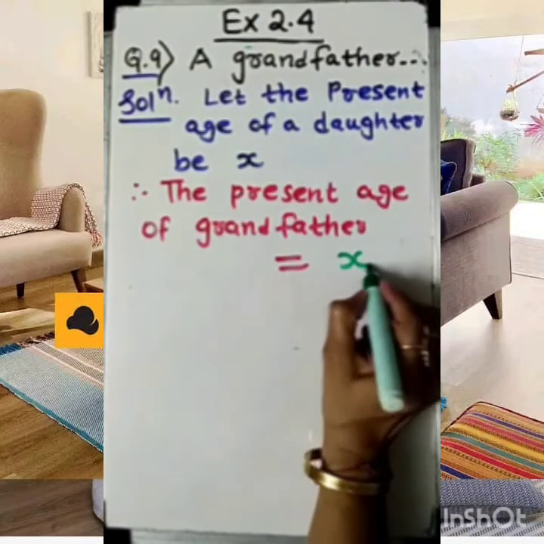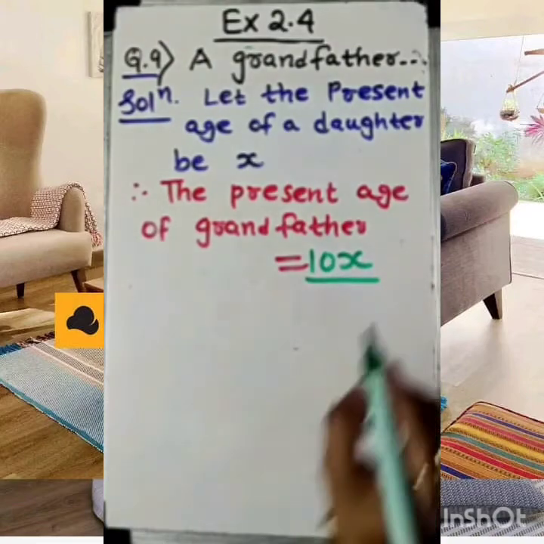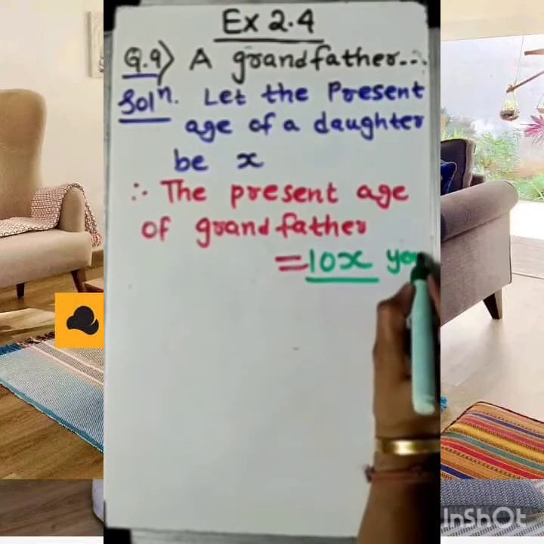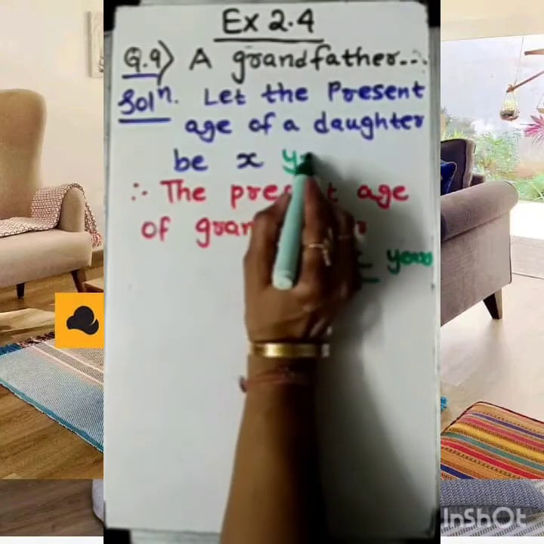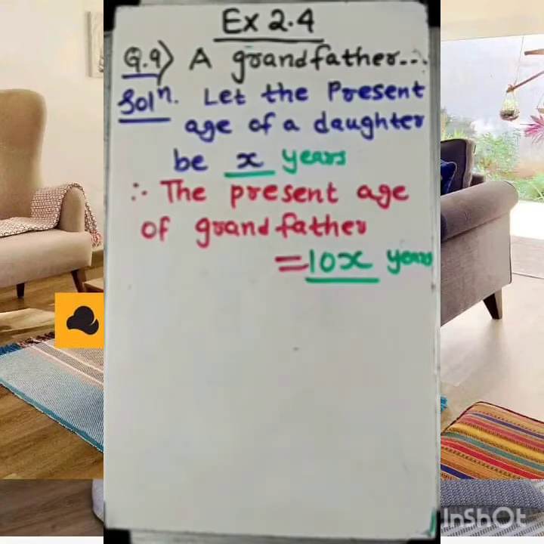That is x, and 10 times of it, so it will become 10x years. You can mention in short, that is in years. This is also x years. So finally we have the present age of granddaughter, that is x years, and present age of grandfather is 10x.